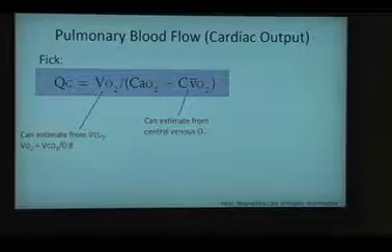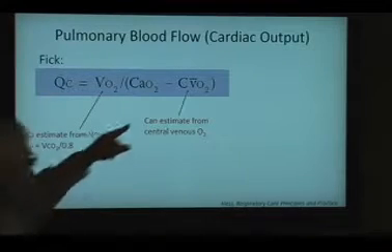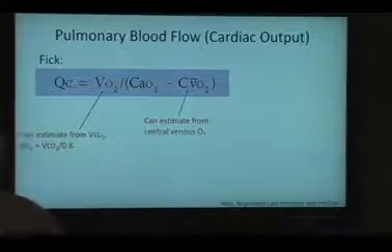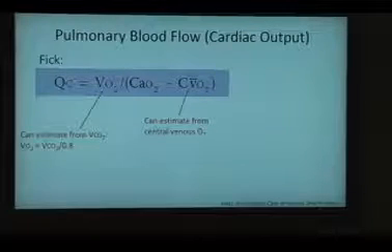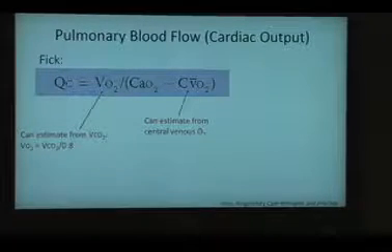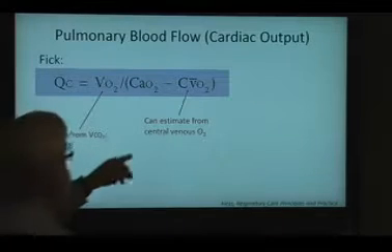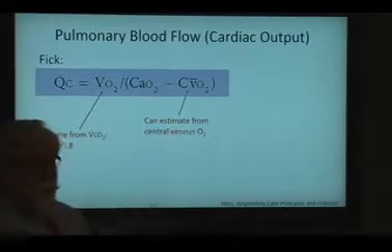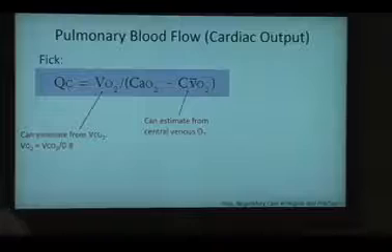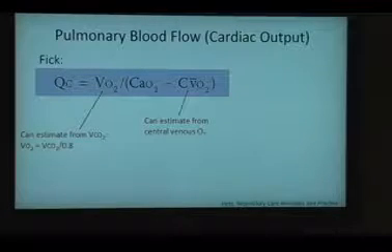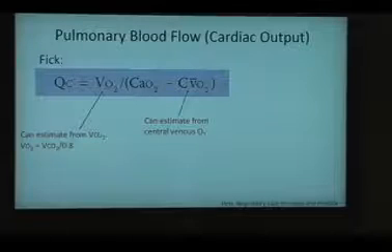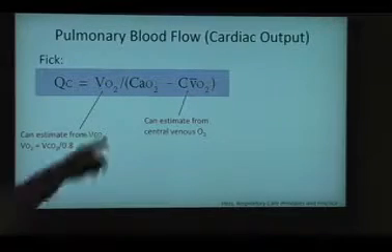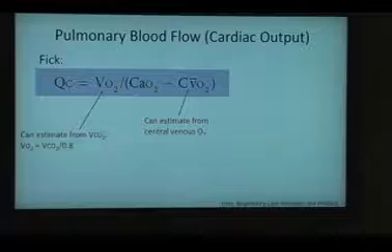So the ideal, perfect way to get mixed venous oxygen content is to draw a sample of blood from the pulmonary artery catheter. But most of our patients don't have pulmonary artery catheters anymore. But many of our patients have a central venous catheter, so we can draw a blood sample from the right atrium rather than from the pulmonary artery and use that to estimate the central venous oxygen content.